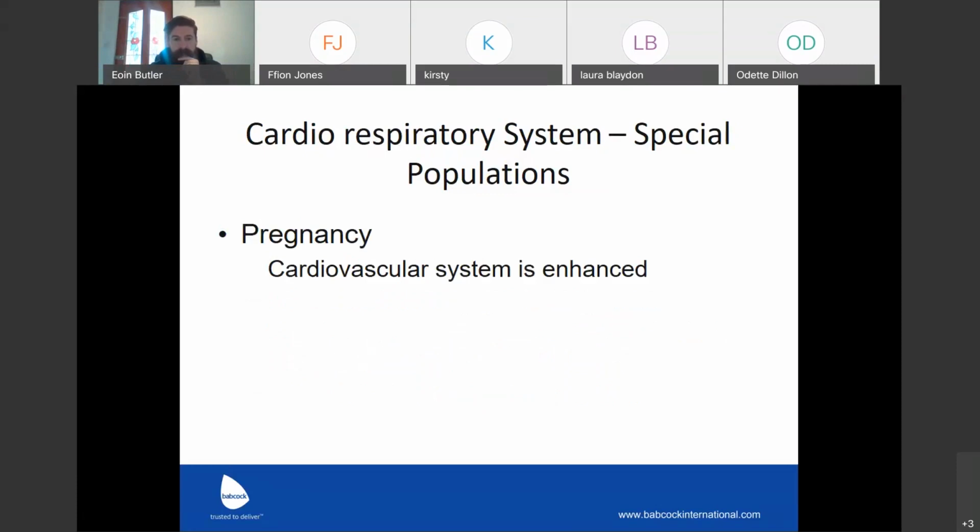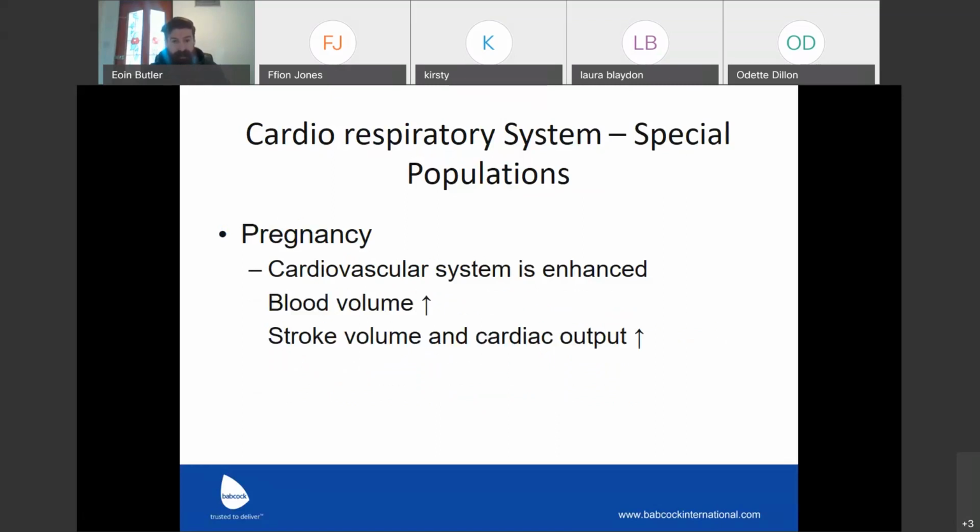So pregnancy. In pregnancy, the cardiovascular system is enhanced. Blood volume increases. Stroke volume and cardiac output both increase. Resting heart rate also increases, and venous return decreases. So again, in pregnancy, we need to think about these things. So the cardiovascular system is obviously enhanced because it is now working for 2.